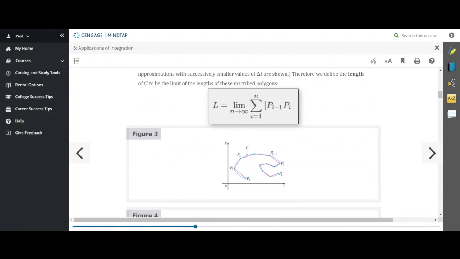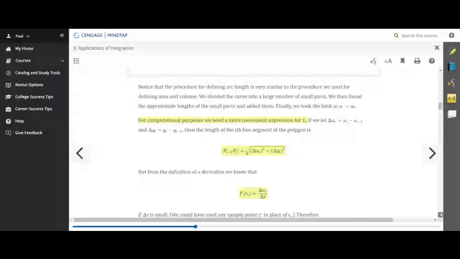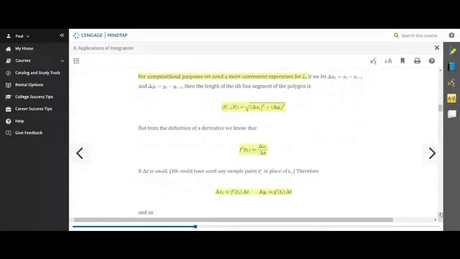But for computational purposes, we need a more convenient way to compute this arc length L. So let me show you here. I have some things highlighted.